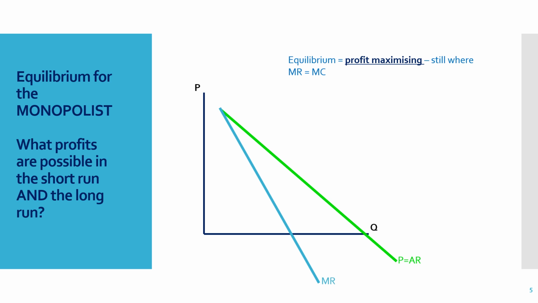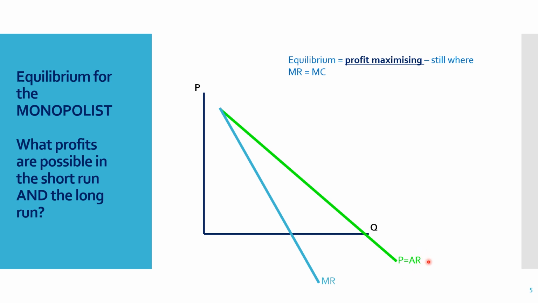So we want the profit maximizing or the equilibrium or the output decision of our monopolist. Once again, you start with your demand curve. That's what I taught you when we were drawing the graph for perfect competition. Always start with your demand curve. There comes our demand curve. P equals AR. That is your demand curve.